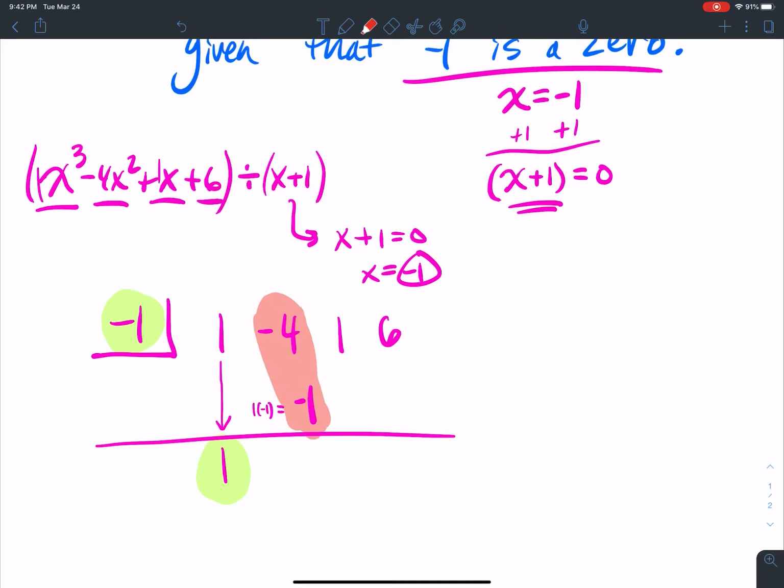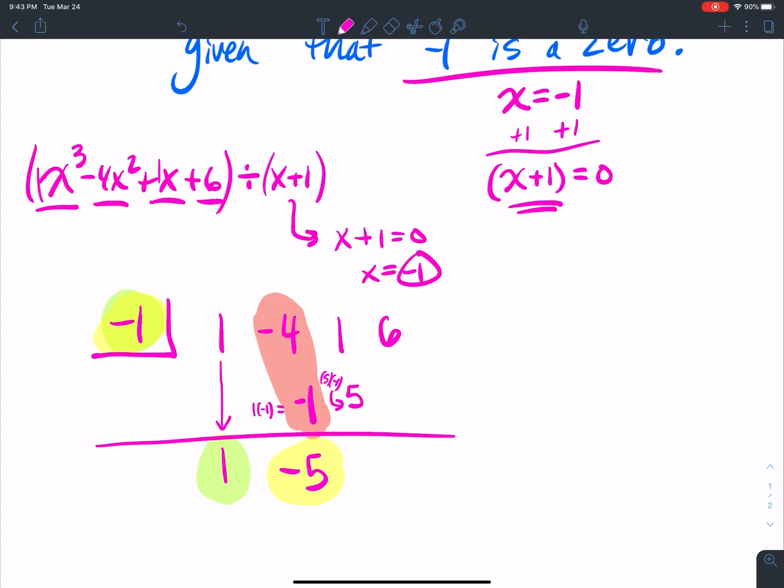So I'm going to add negative 4 and negative 1, and I get negative 5. Then I take what's below the line and multiply by what's in the box. So negative 5 and negative 1 make a positive 5, and I write it there, okay? That negative 5 times the negative 1 gets me the 5.